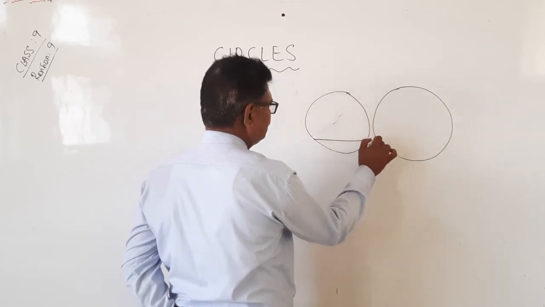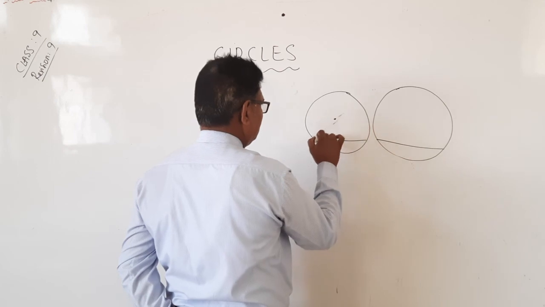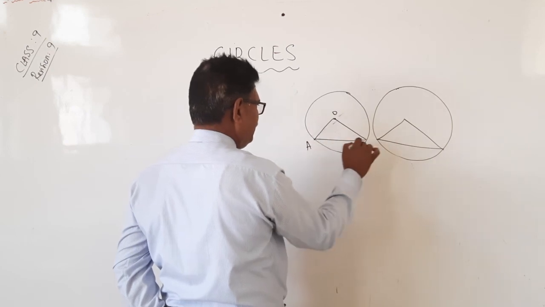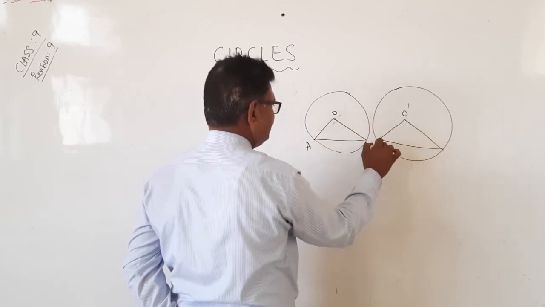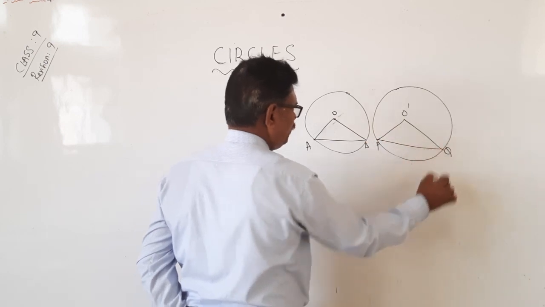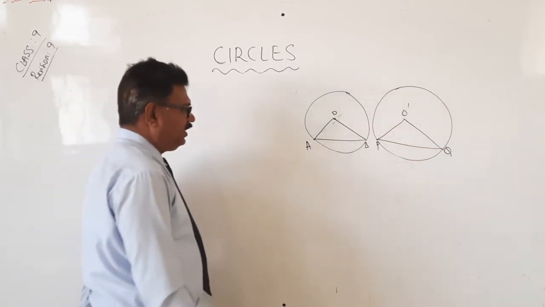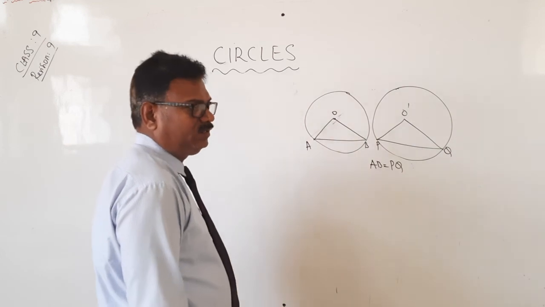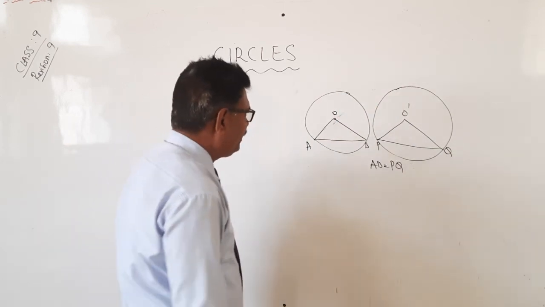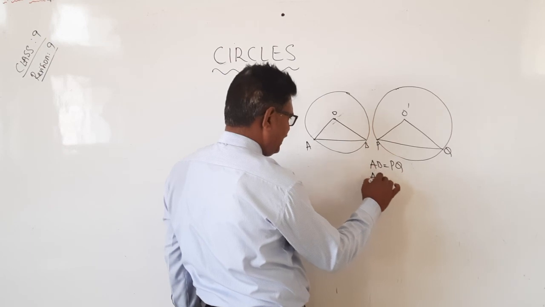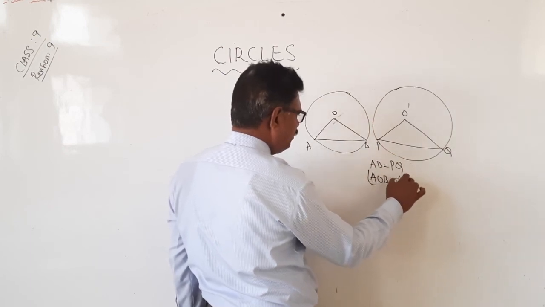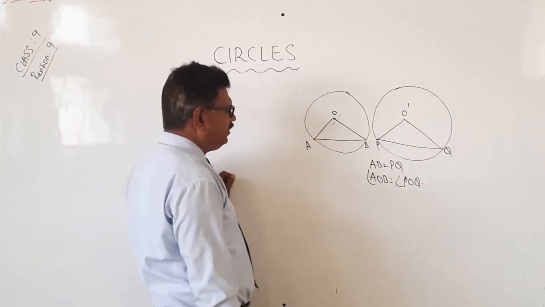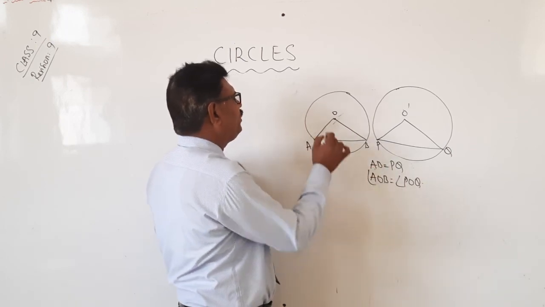If these two are chords, O, A, B, O dash, P, Q. If AB equal to PQ, then we have to show that angle AOB equal to angle POQ. So very simple, he has given AB equal to PQ.